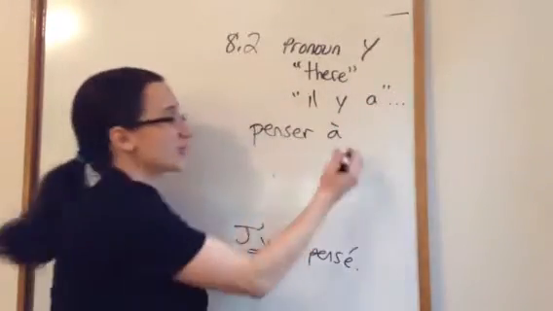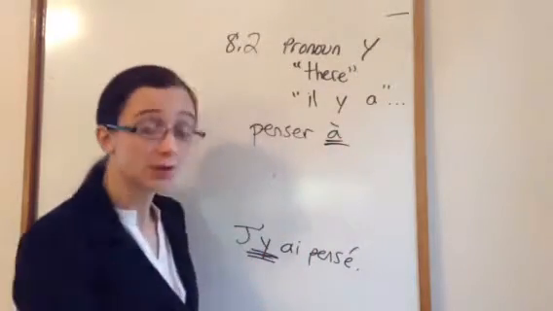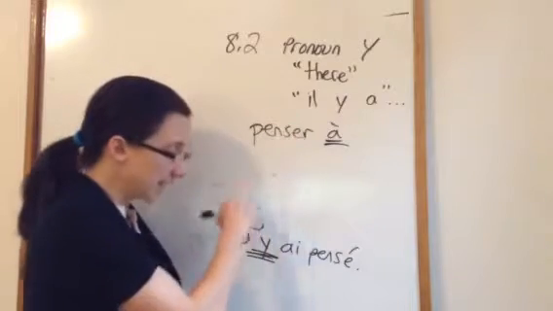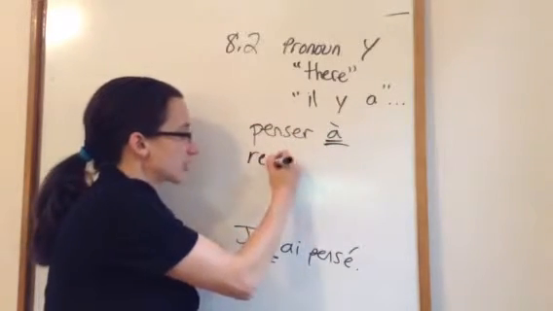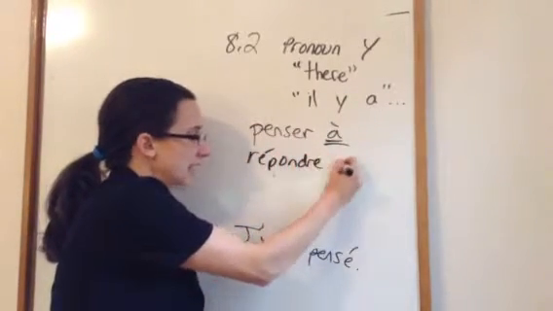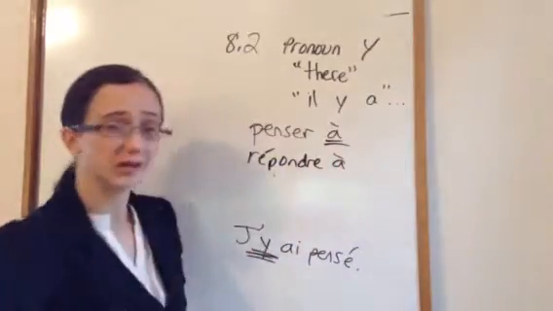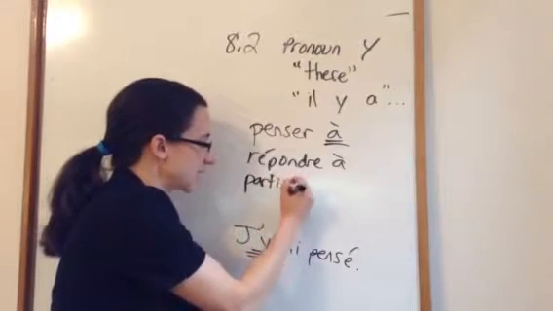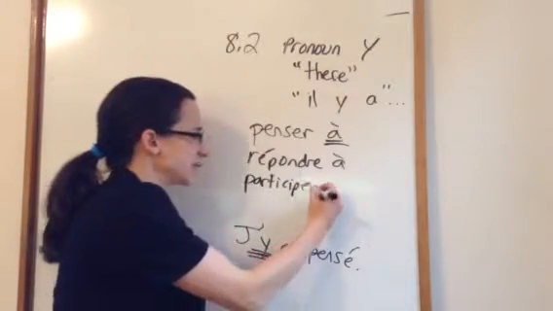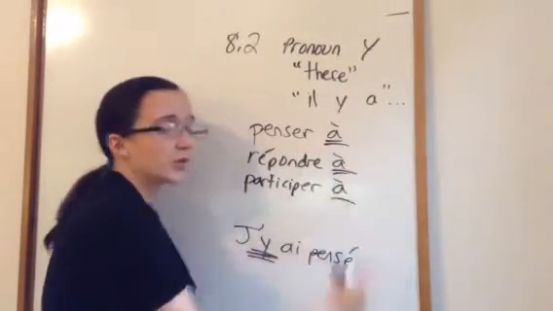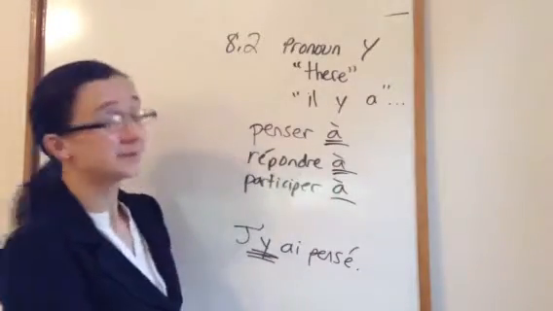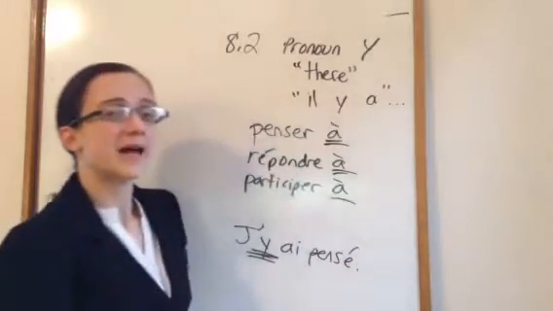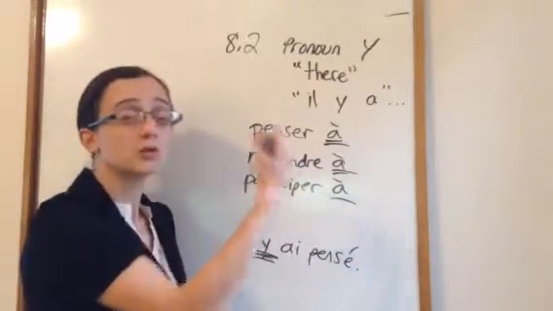Because we're still using this preposition in certain phrases, you can replace them with the y. So to think about something, to answer, répondre à, to respond to someone, to participate in, participer à. They're still using that preposition à, but they're not followed by a place. It doesn't matter for these cases, you can still use the y.